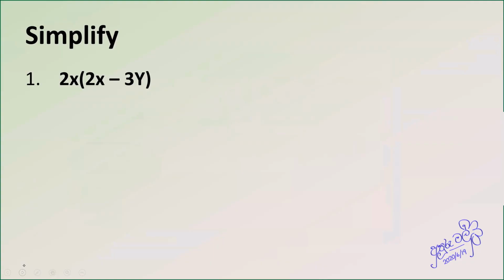Now we can go straight to today's lesson on multiplication of an algebraic term with an algebraic expression. Simplify. I'm going to simplify this algebraic expression. So first of all, let's write it down in this way because there's a minus sign. So I'm going to rewrite it as 2x plus a minus 3y.